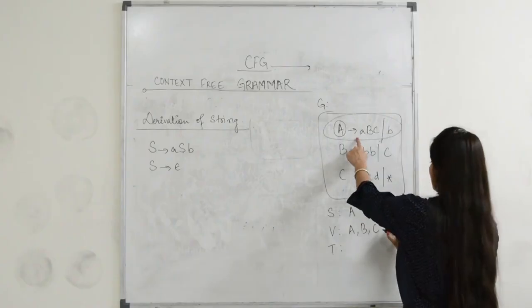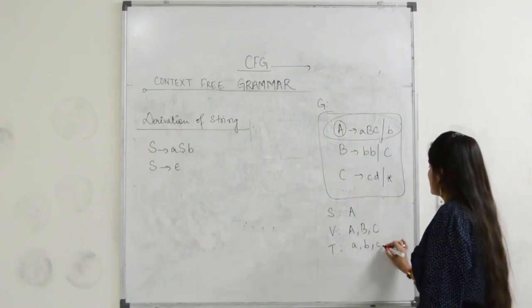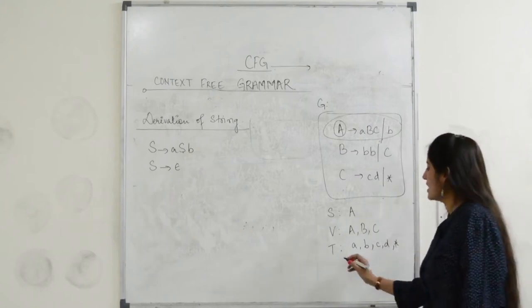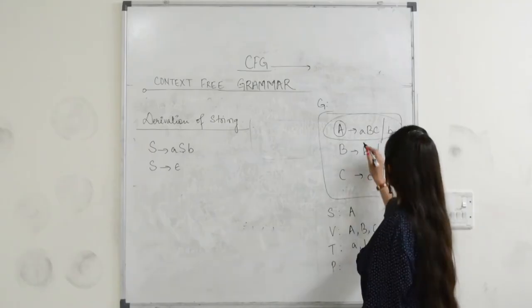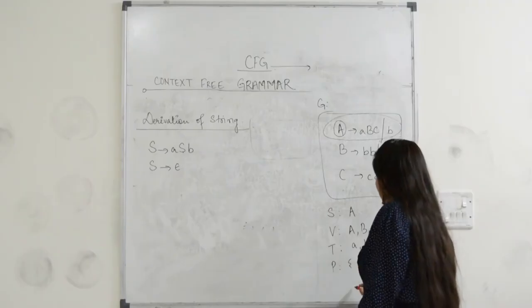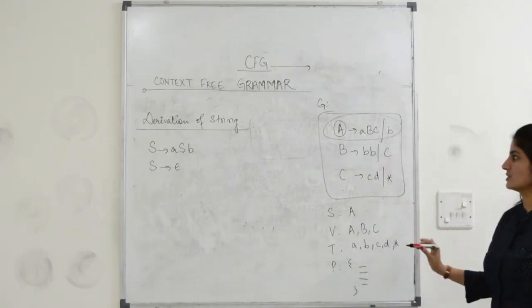So small a, b, and then we have c, d and star. So these are the set of terminals. And coming to P, we have 2 productions here, 2 productions here and 2 productions. So we'll simply write the 6 productions together and we'll say that these are the set of production rules.